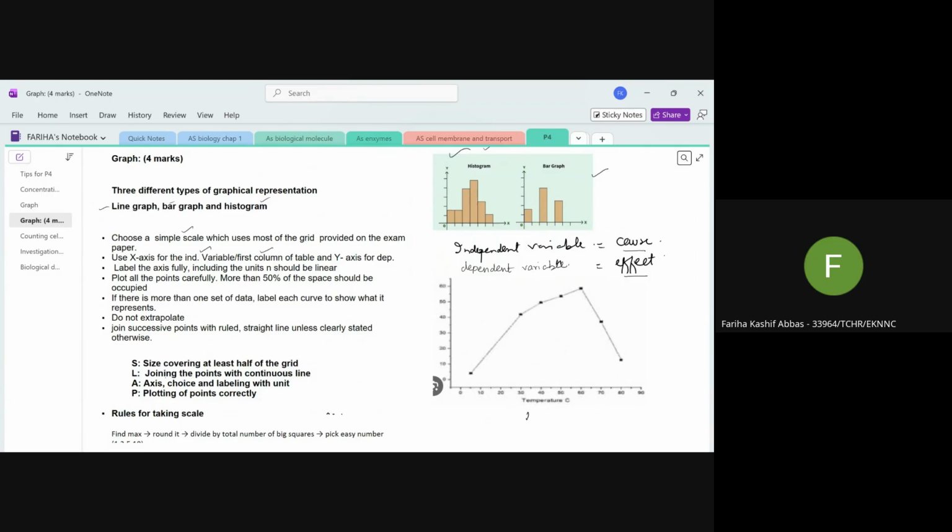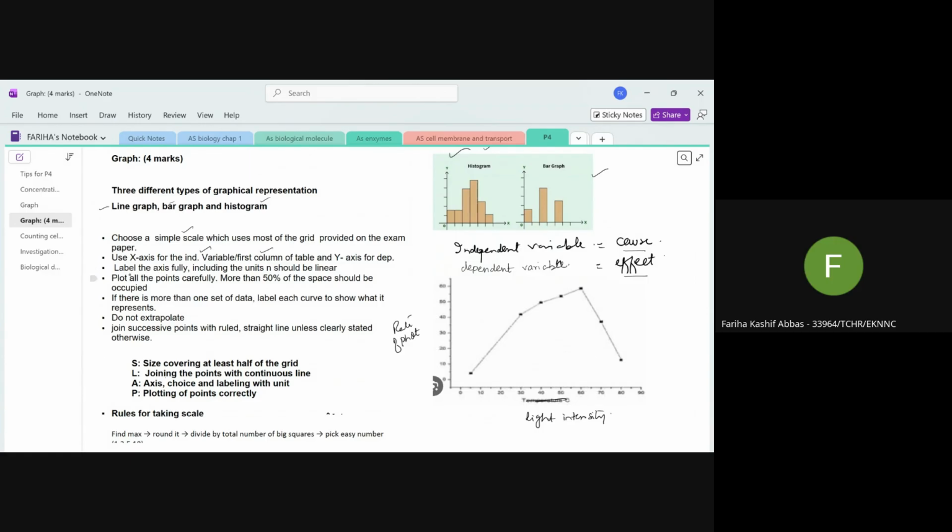So light intensity will be on x-axis along with the unit if any unit is provided, whereas rate of photosynthesis will be on y-axis. Again, if any unit is provided, then you need to write down the unit.